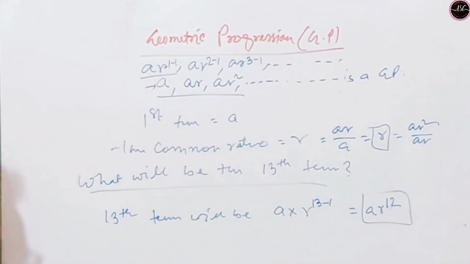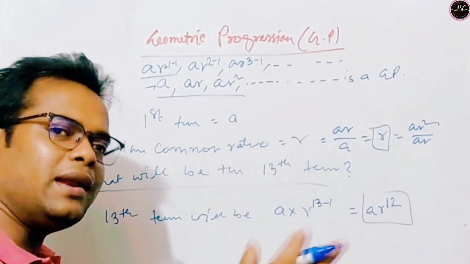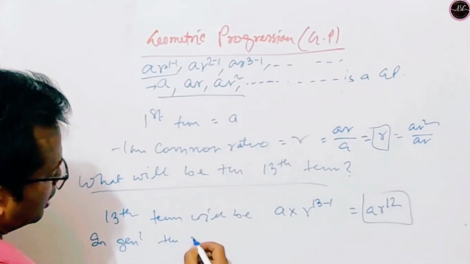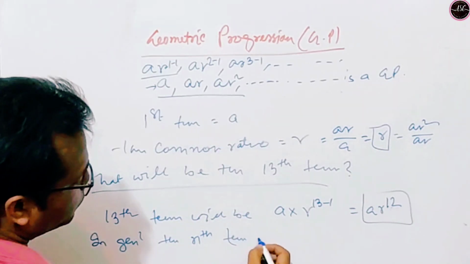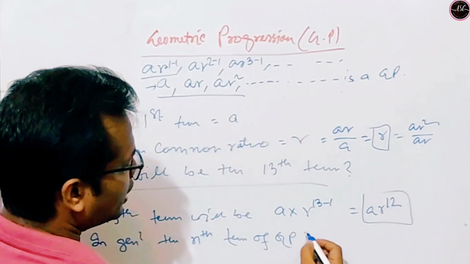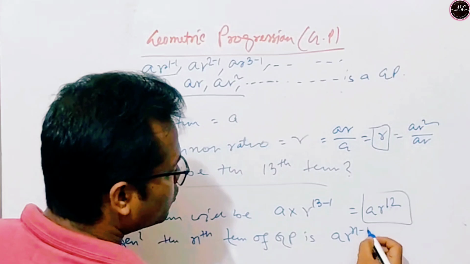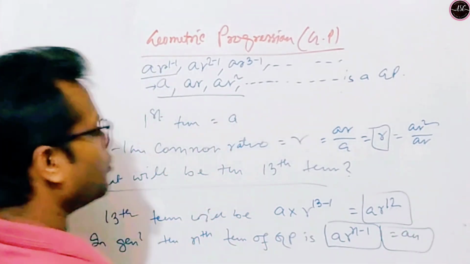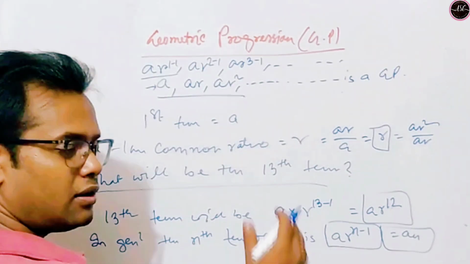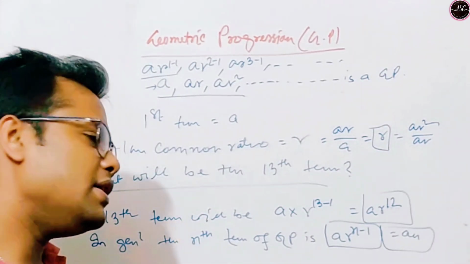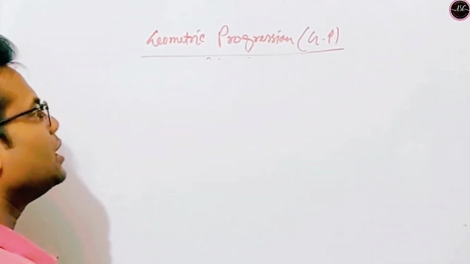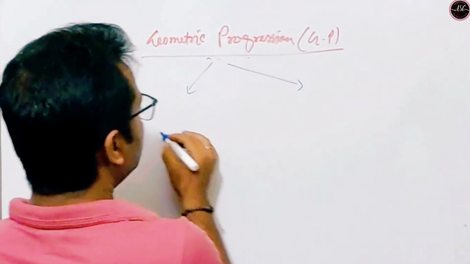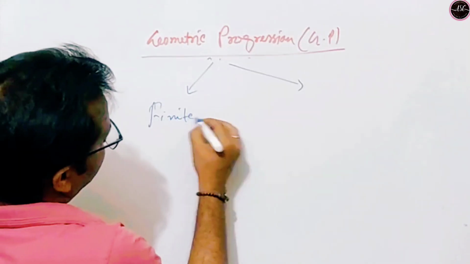Okay. So in general, when you have to find the nth term, the nth term of GP is a r to the power n minus 1. This is a formula. By this, we can solve various problems. Okay, let's see. Like sequence and series, the geometric progression, that means GP, is of two types: finite and infinite.